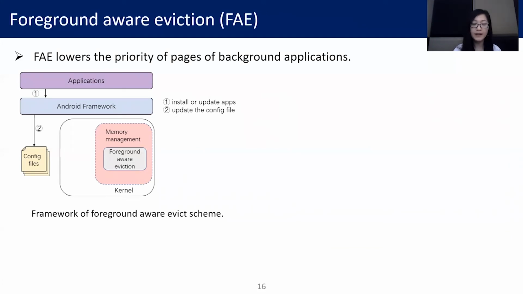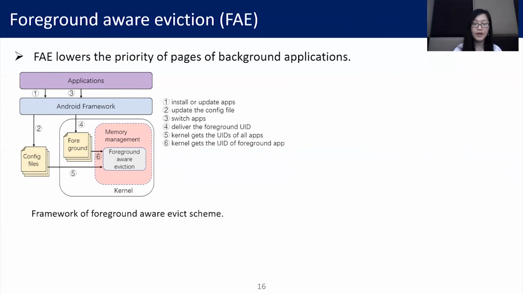When an application is installed or upgraded, the config file will also be updated. When users switch applications, the UID of the foreground application will be delivered to the kernel, and then background applications can be obtained by subtracting the foreground applications from all applications.